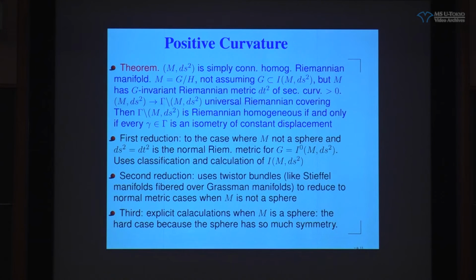And then you run into the case where the manifold is a sphere. There are many situations where the sphere is the hard case. And the reason the sphere could be the more difficult case is that it has so many isometries.